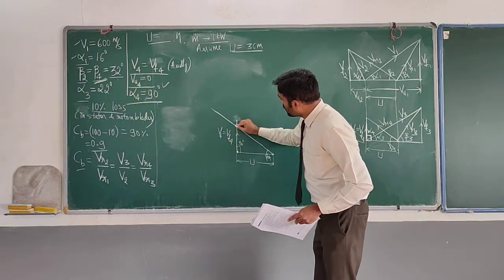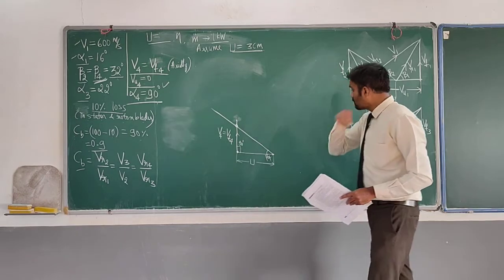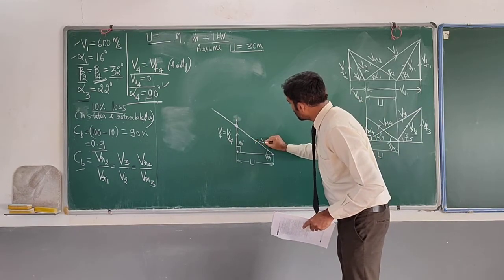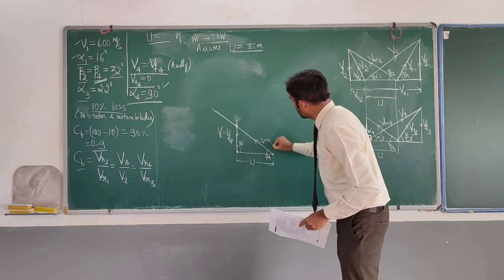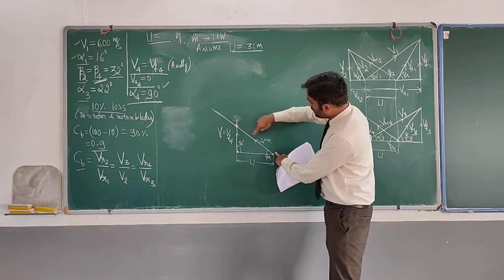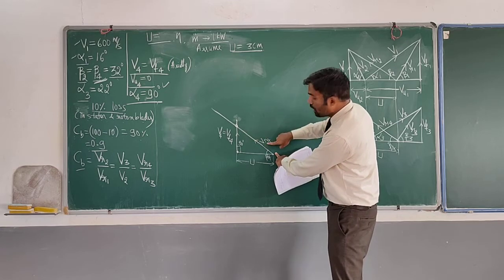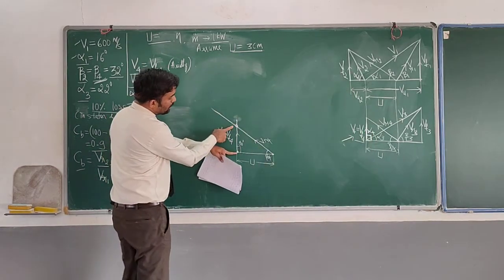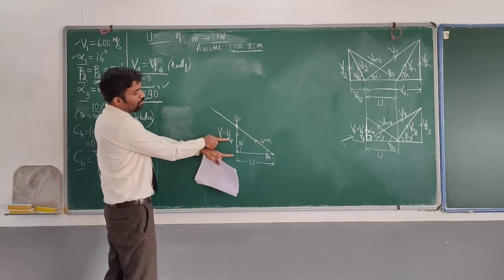So now we get this reference point, and once we get it, I can measure this length. From this point to this point, if we measure, we will get the value of VR4. Also, if I measure this length, I will get the value of V4, which is equal to VF4.